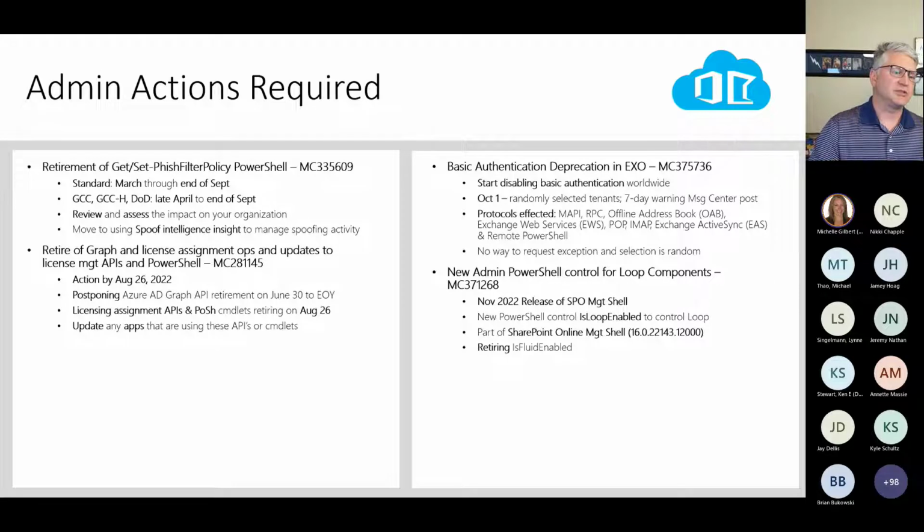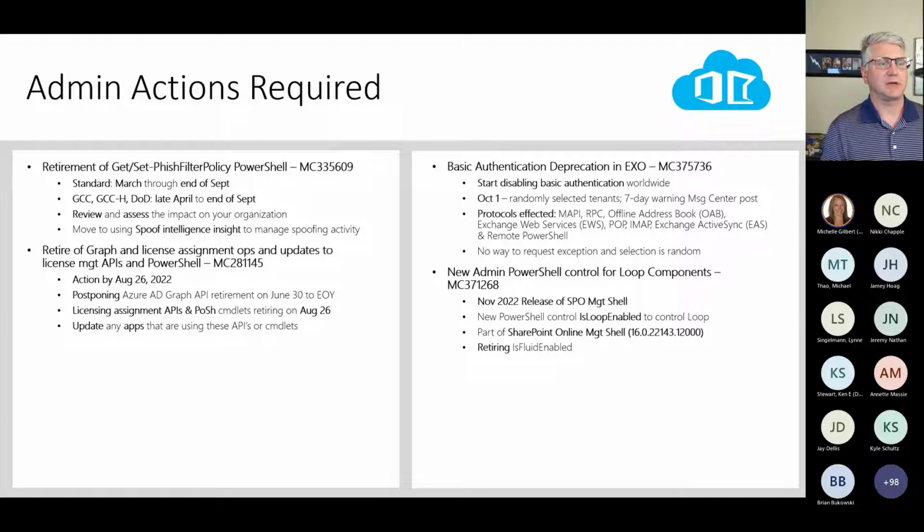And last but not least, just a reminder: there are only 4 admin actions right now. The big one that just happened last month was the IE11 retirement. So hopefully you're off of that, but keep these ones in mind. The retirement of the Get-SetPhishFilters policy in PowerShell, the retirement of Graph and license assignment for updating, and that's PowerShell and APIs.